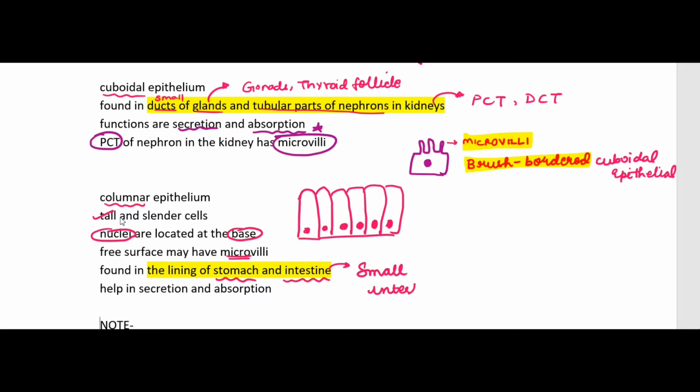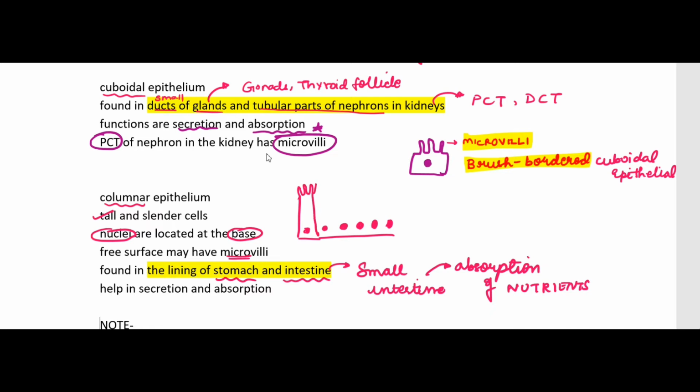So intestine, we know, especially the small intestine, where maximum absorption of nutrients occurs, isn't it? So there again there is microvilli present in the small intestine. So this gives the appearance of brush bordered. So where is brush bordered cuboidal epithelium present?